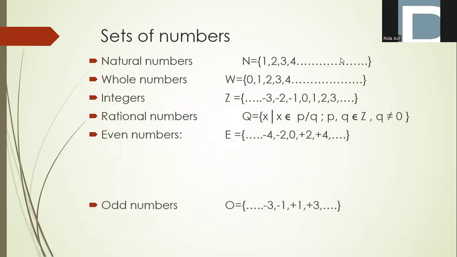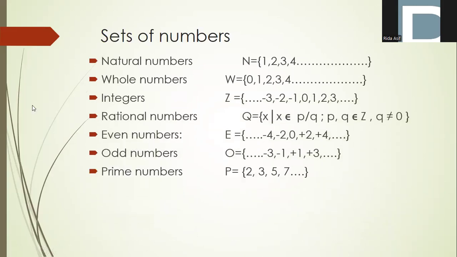So students, here the sets of numbers are on the screen. Look at all the sets of numbers. Natural numbers start with 1. Whole numbers start with 0. Integers. In integers, positive and negative numbers are included along with 0, right? What are rational numbers?